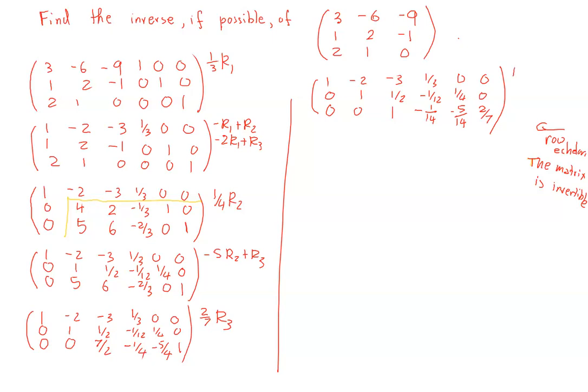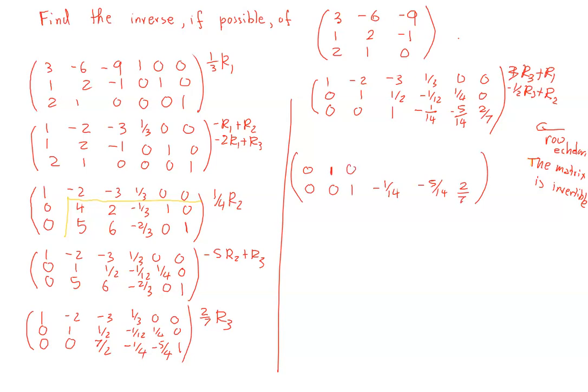Here you will get row 3 plus row 1 to eliminate that negative 3, and negative 1/2 row 3 plus row 2. Okay, so what do we get? We get 0, 0, 1, negative 1 over 14, minus 5 over 14, 2 over 7, and this will be 0, 1, 0, and then what do we get?